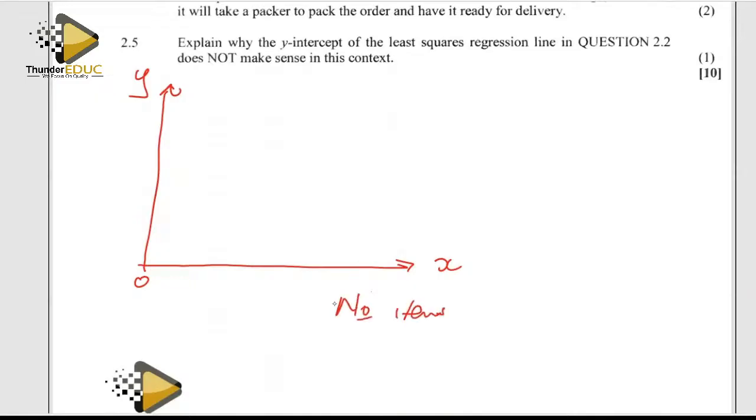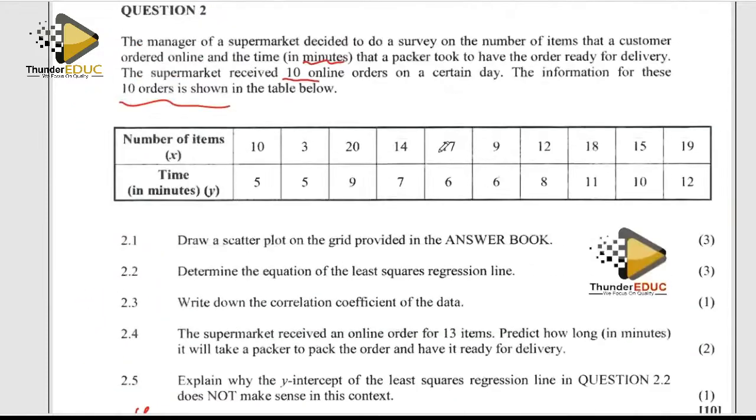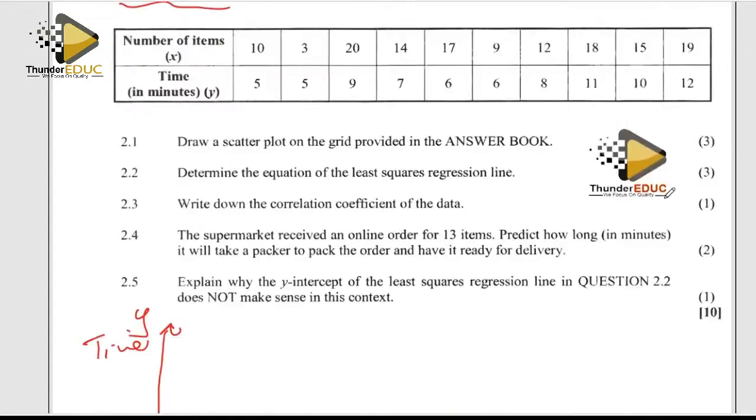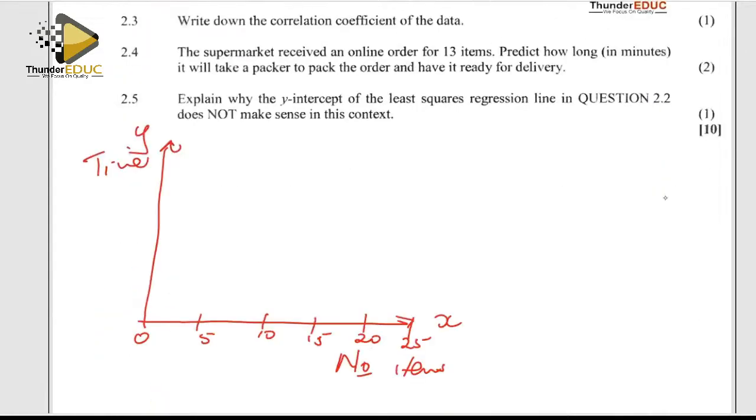And then this time we shall have the time. So if I have this as a 5, I can have a 10, a 15, a 20, and then lastly a 25. Then up here, the highest value I'm getting, I think, is a 12. So I'll have a 2, a 4, a 6, 8, 10, and probably a 12 somewhere there.